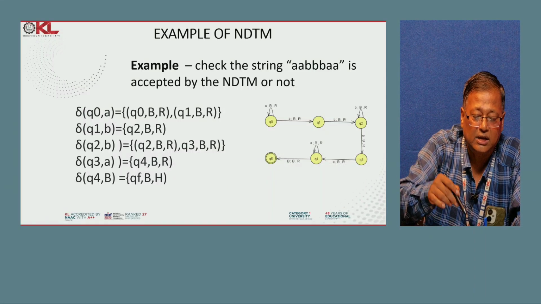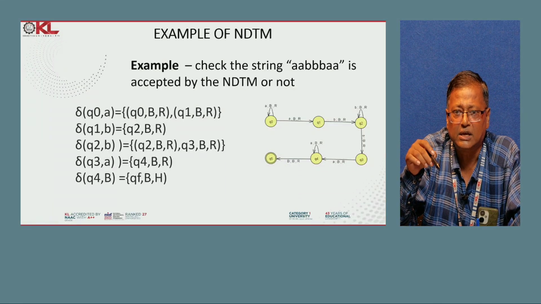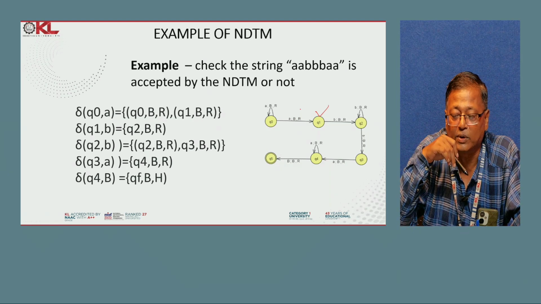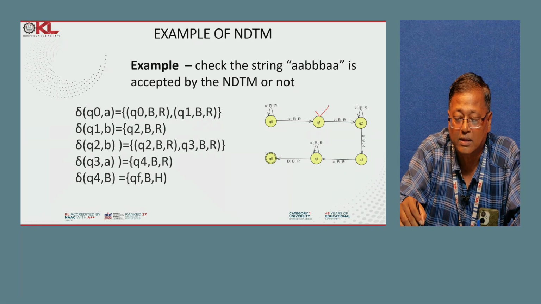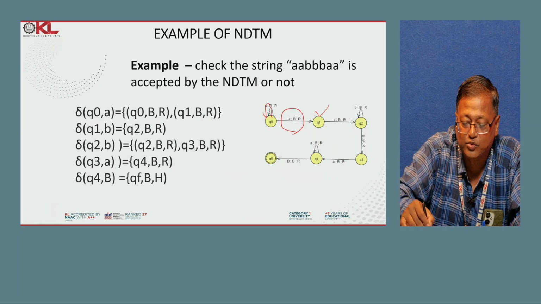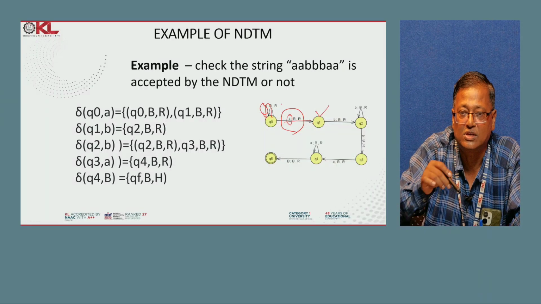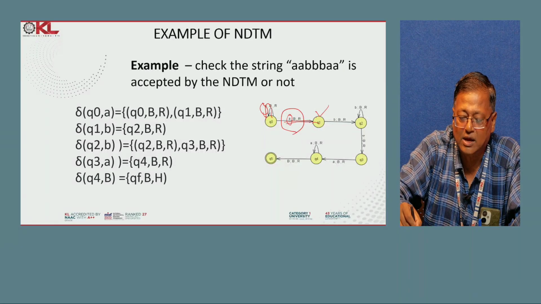We check Q0 with A. There are multiple paths: it can go Q0, B, R, or it can go to Q1, where we write B and R, or this path by putting A. Though the input symbol is A, there are two paths. So that is the branching. Any of the paths can be chosen.